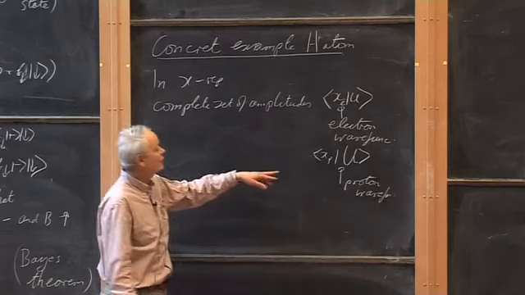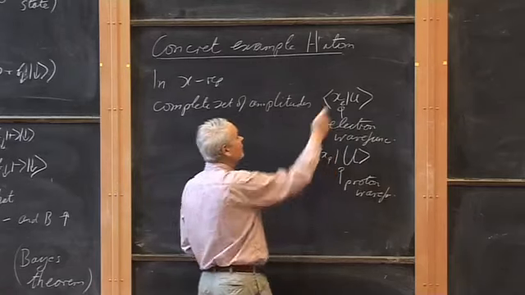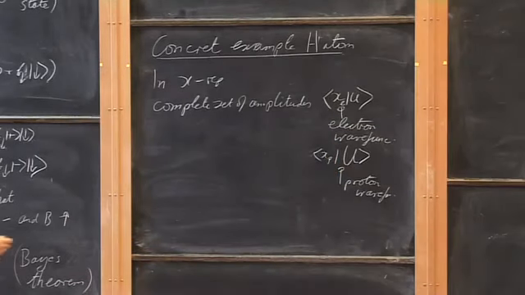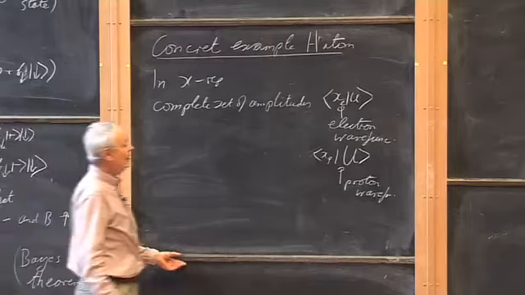Which gives you the amplitude to find the proton at the point xp. This gives you the amplitude to find the electron at the point xe.